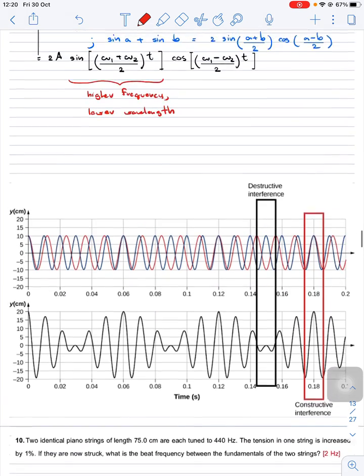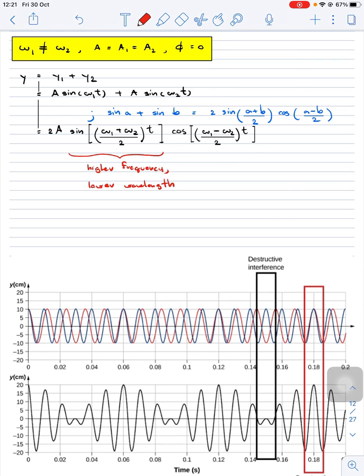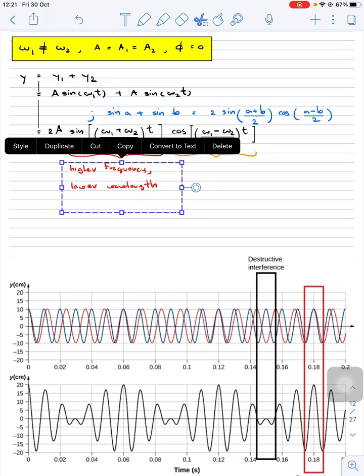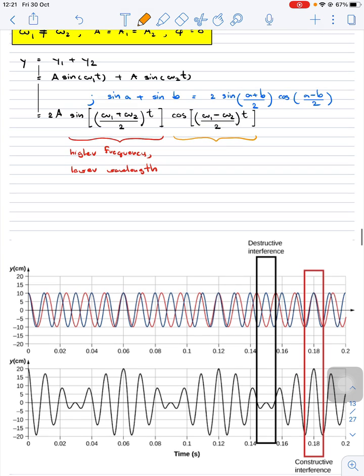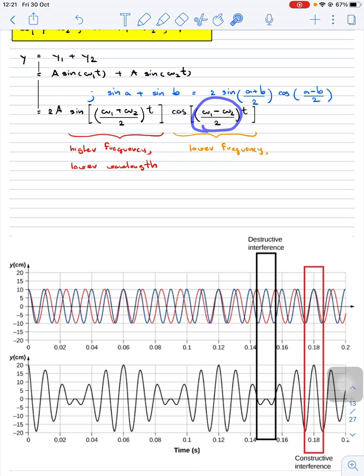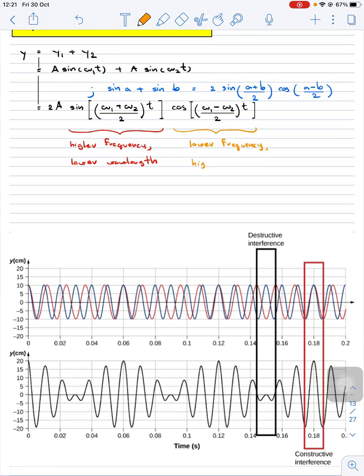Compared to this one, this term just contributes to the lower frequency, because we have the subtraction between the two angular frequencies. So the frequency should be lower compared to this term, and it means it's going to have the higher wavelength.